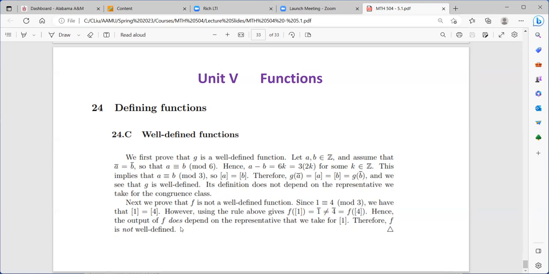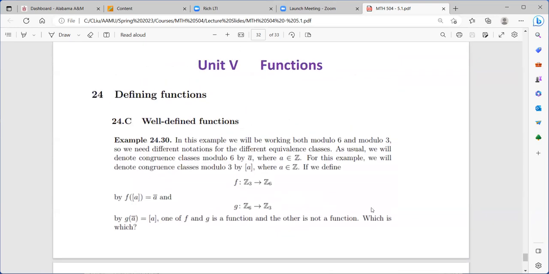So the output of F does depend on the representative that we take for bracket 1. So F is not well defined. You should be very careful when you do these kinds of problems. Especially, you need to understand what these definitions mean.